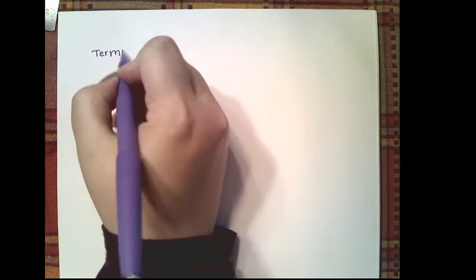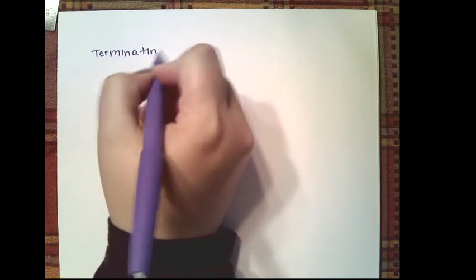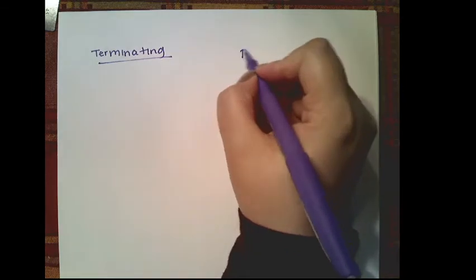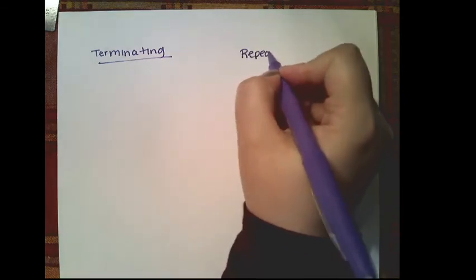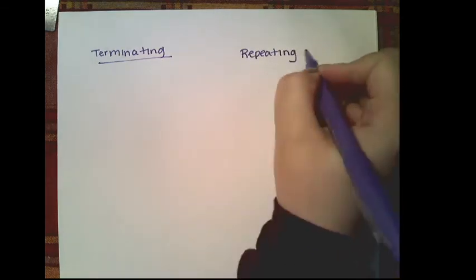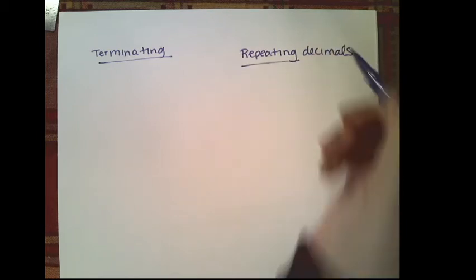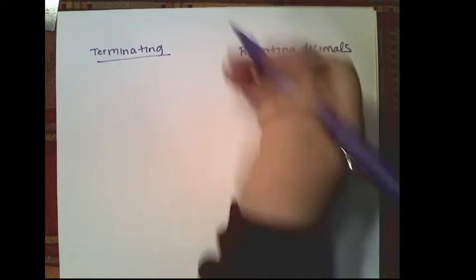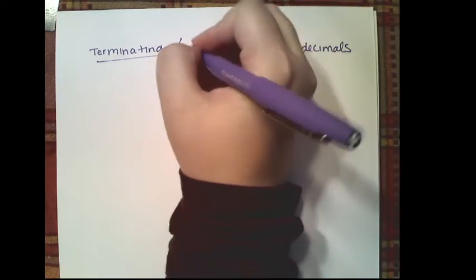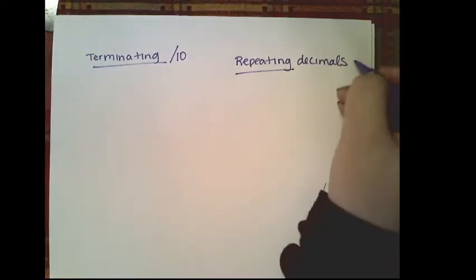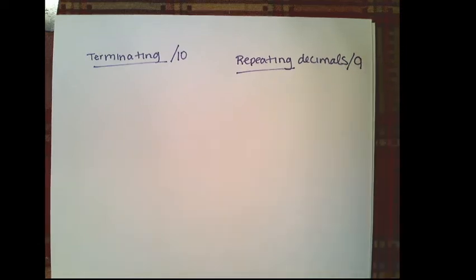As we talked about yesterday, we have terminating decimals and we have repeating decimals. The terminating decimals are out of 10, the repeating are out of 9, and that'll make sense in a couple minutes once I go through them.